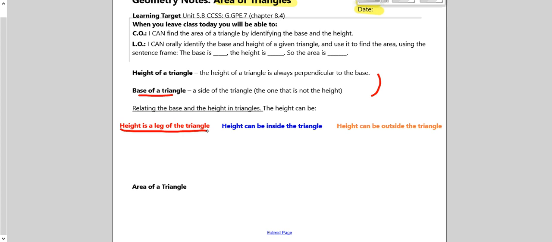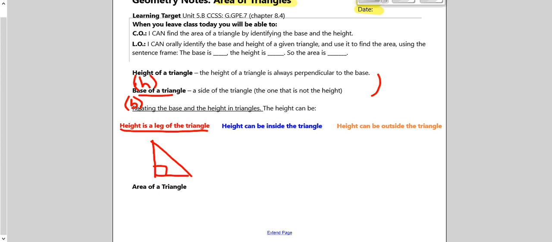So that type of triangle would look like this. So this is the height. And guys, we use the letter H to represent height and the letter B to represent base.